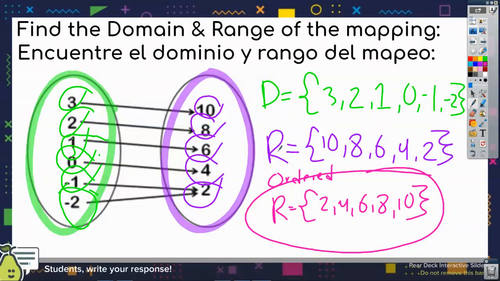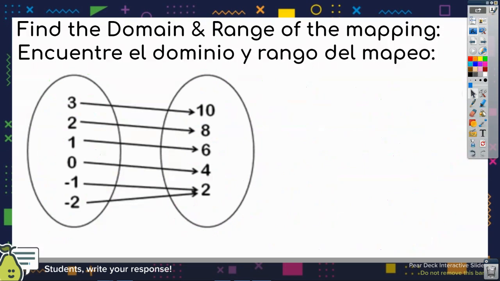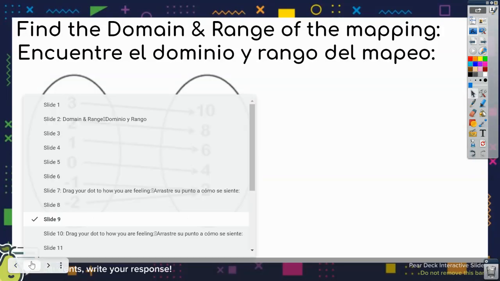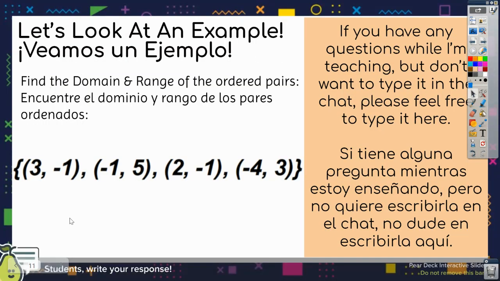All right. One more. Let's try this one. It's not so nicely organized, so we're going to have to really think about this.